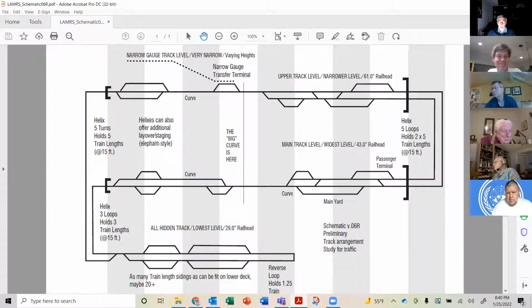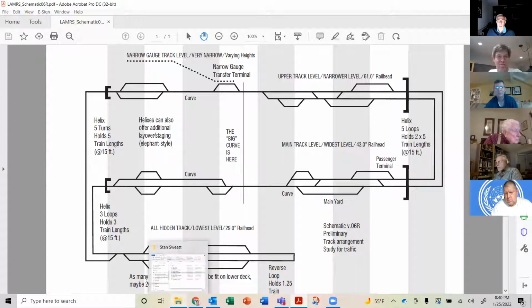I was just going to say that I thought in the last couple of days, we got a modification of this with a crossover right before the reverse loop. And I think Stan sent that in a schematic. That was a general discussion, not a schematic for us specifically, but I can bring that up too.